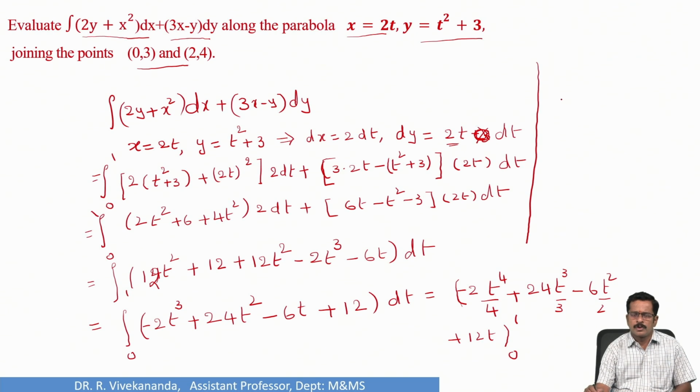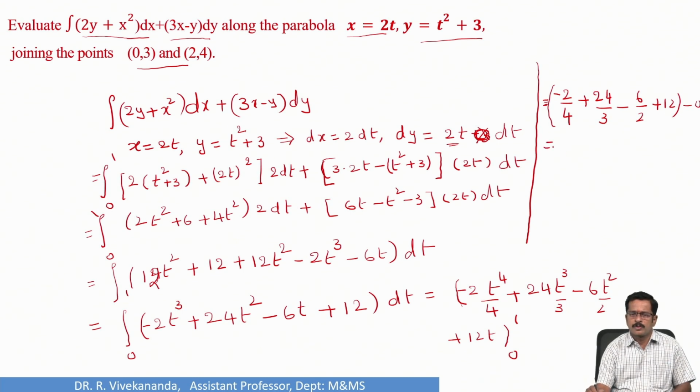So minus 2t power 4 with respect to 1 means minus 2 by 4 you will get, plus 24 by 3, minus 6 by 2, plus 12 for the upper limit, minus 0 for the lower limit.